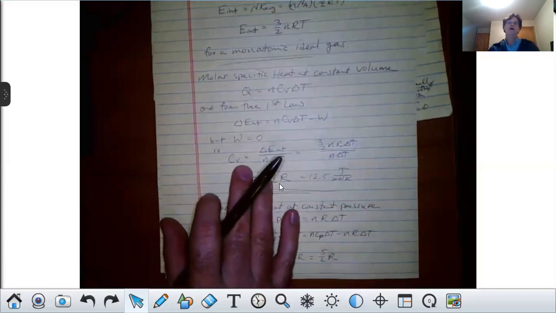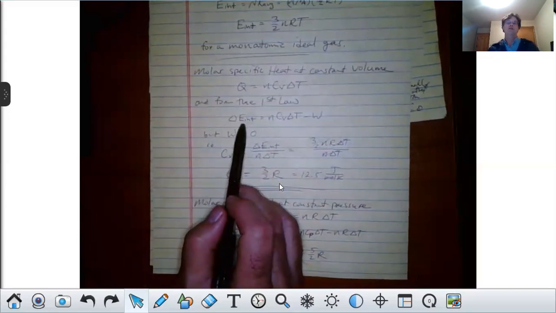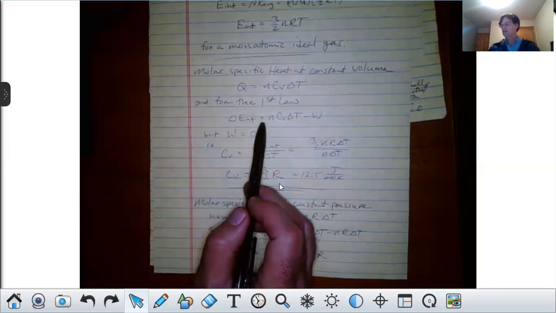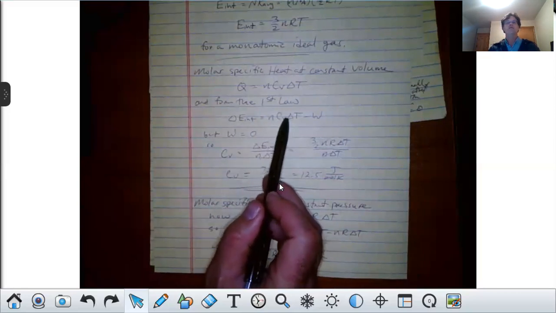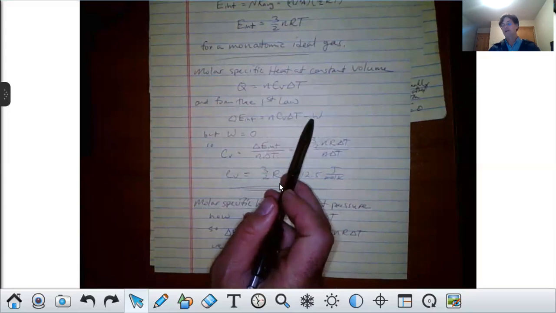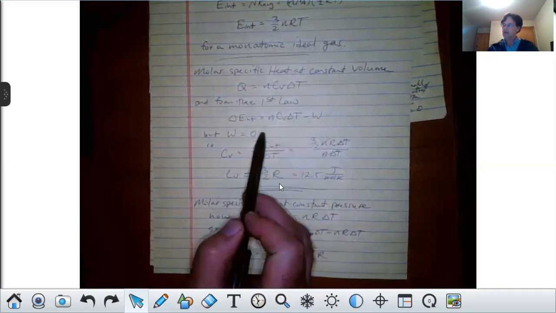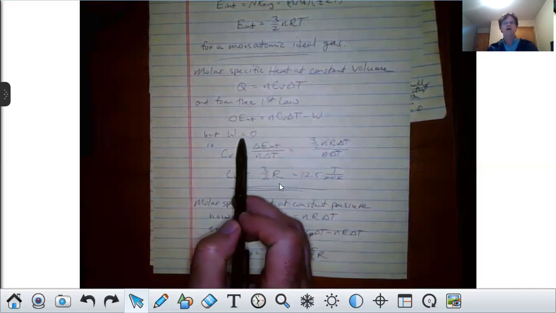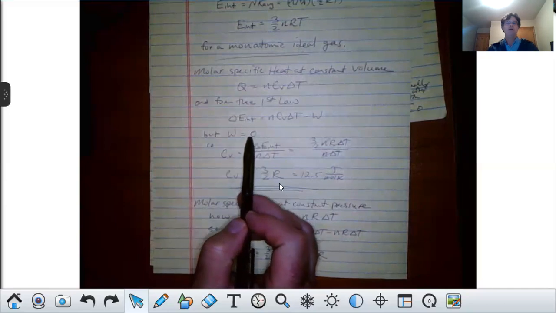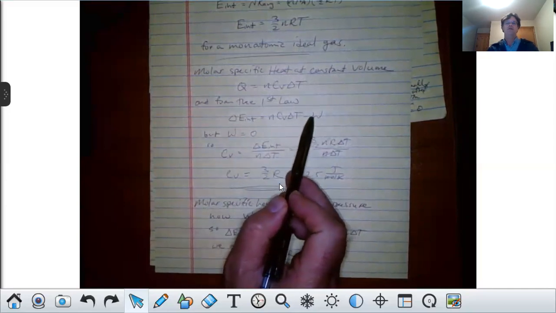So from the first law of thermodynamics, we remember that the change in internal energy of the gas is Q, the heat, minus the work done by the gas. So for a constant volume, we write Q as nCV delta T. And we remember if the volume's constant, there's no work done by the gas. So W is equal to 0.